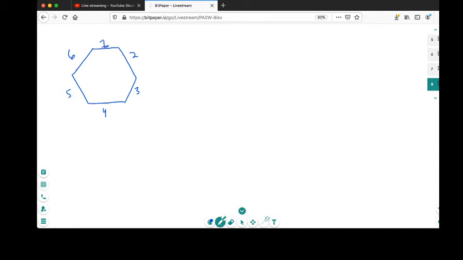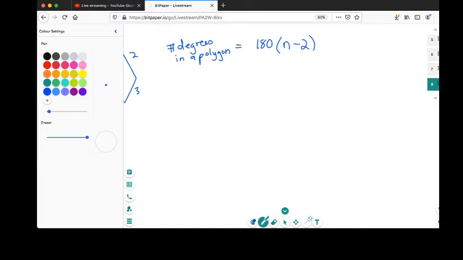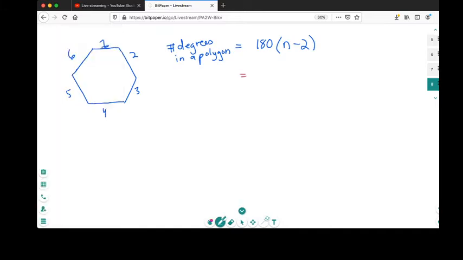And our rule here is that the number of degrees in a polygon equals 180 times the number of sides of the polygon minus 2. So if we use that same logic to solve here, we're going to say 180 stays the same because again that's part of the core formula.